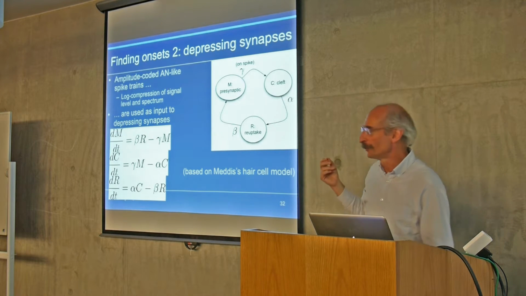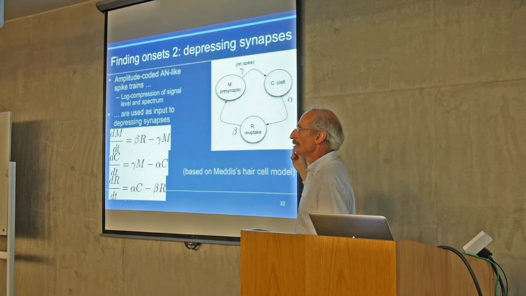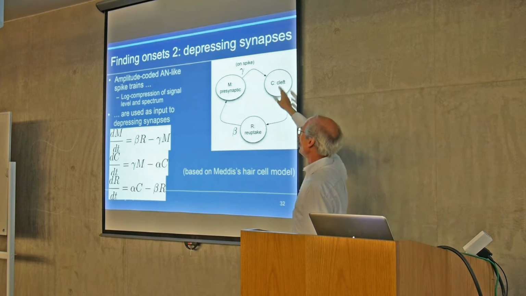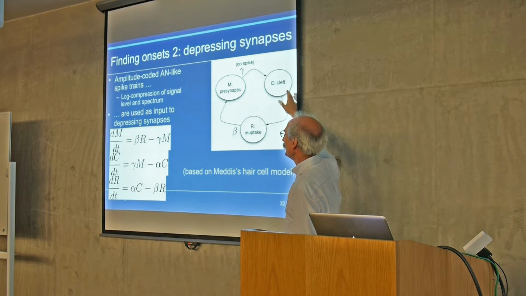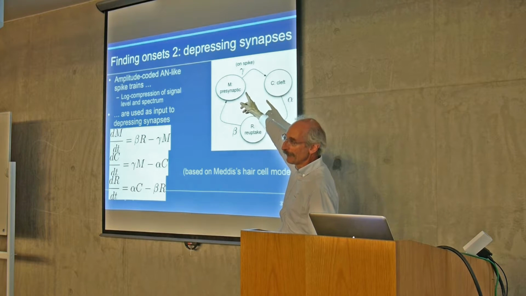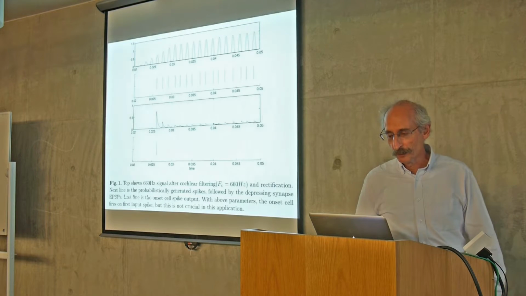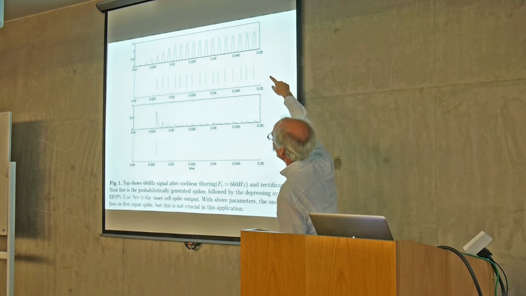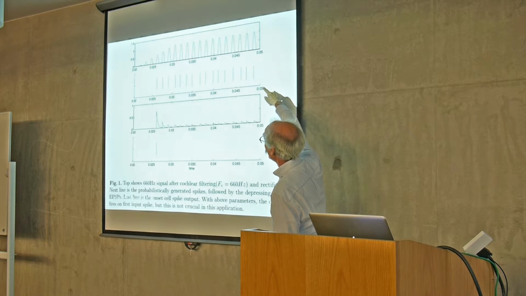I don't really want to go into this in too much depth, but basically the aim of this is to enable me to generate signals coming out from the depressing synapse, which are tied very tightly into the timing of the spikes that are coming in themselves. So if I look at what happens here, there's the original signal, half-wave rectified. There's the spikes that are coming on the auditory nerve.